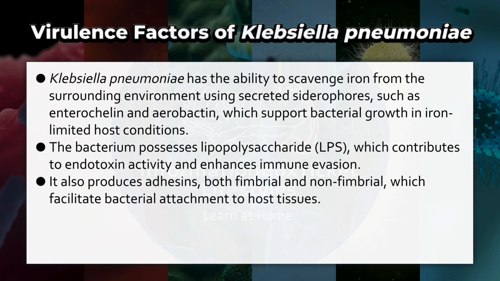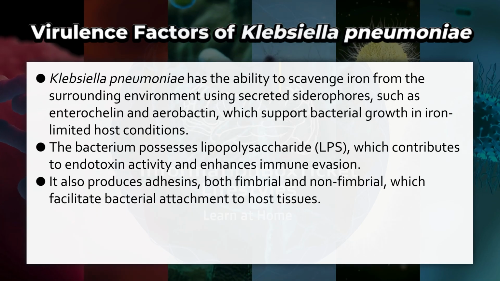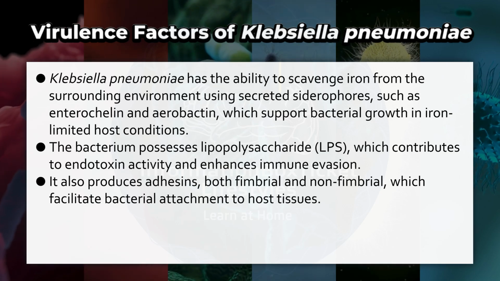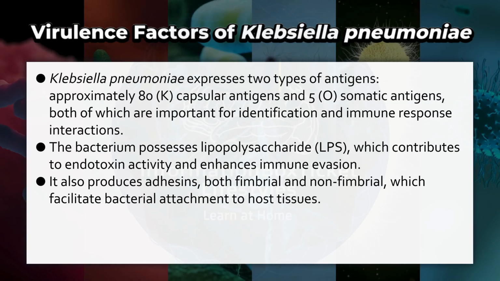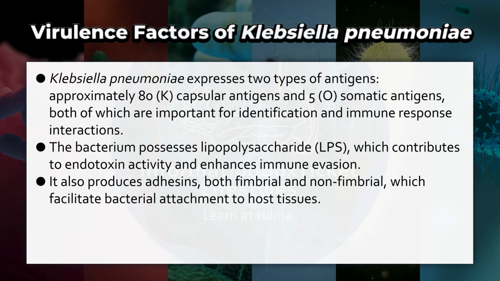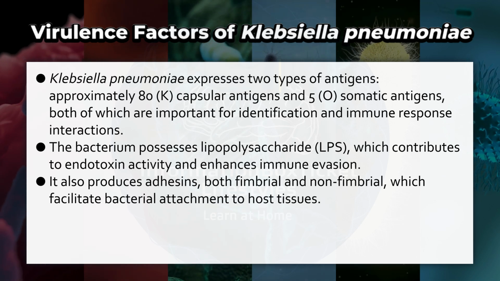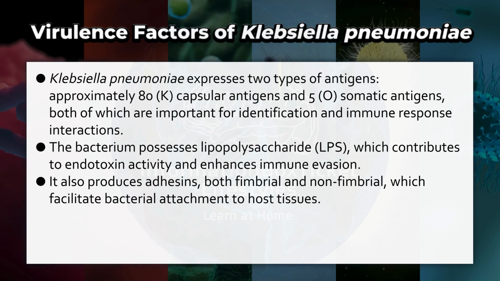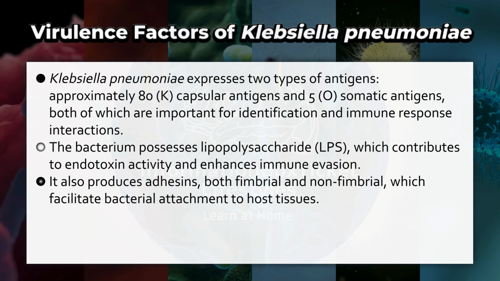It also produces adhesins, both fimbrial and non-fimbrial, which facilitate bacterial attachment to host tissues. Klebsiella pneumoniae expresses two types of antigens, approximately 80 K capsular antigens and 5 O somatic antigens, both of which are important for identification and immune response interactions.